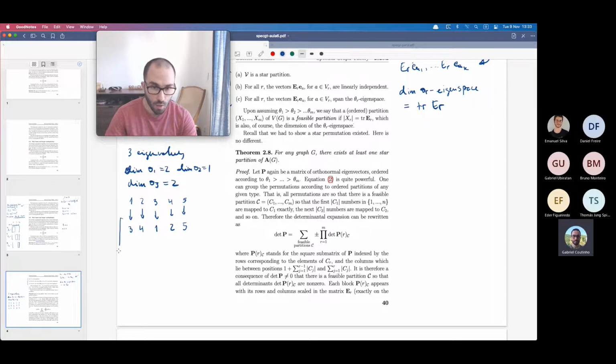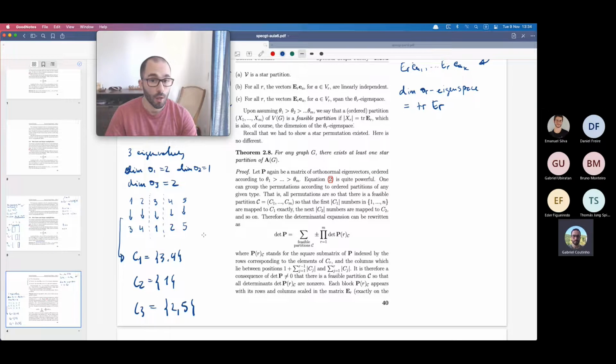This permutation will correspond precisely to the partition given by this. Because I'm simply coming here and doing this. Note that there are other permutations which correspond to the same partition.